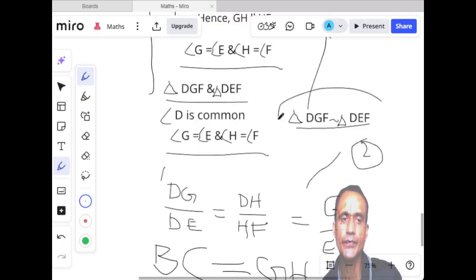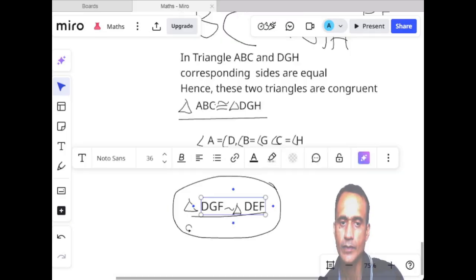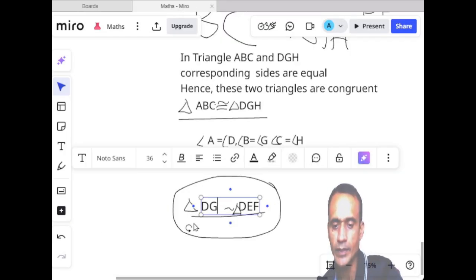What we already know, triangle DGH is similar to DEF. So from this we get angle A is equal to angle D, angle B is equal to G, and G is equal to E, C is equal to H. I am correcting the naming of the triangle.